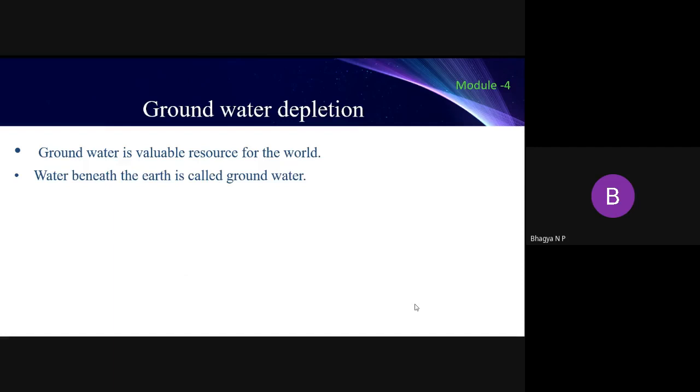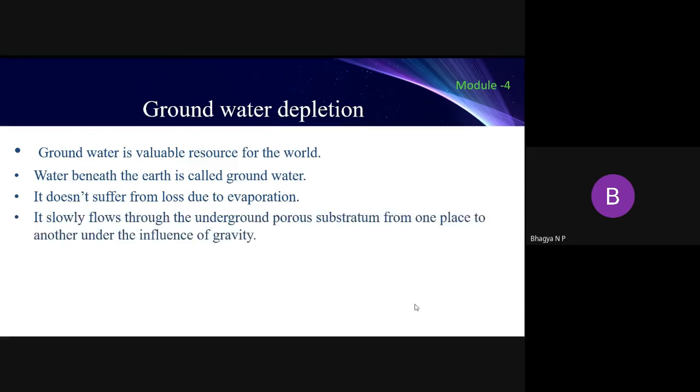So what does groundwater depletion mean? As we all know, water is a main resource for all the organisms on the earth. So what is groundwater? Groundwater means the water which is present beneath the earth. Since it is present below the earth surface, it doesn't undergo any evaporation.